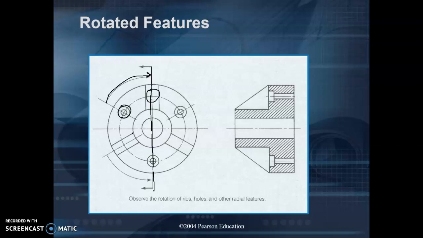And then we do the same thing with this rib. We rotate it over as if it were there so that we end up with this nice symmetrical looking section view. And although that rib and that hole don't really lie on the cutting plane line, it just makes for a neater looking section view.